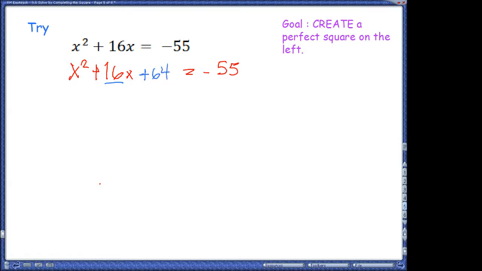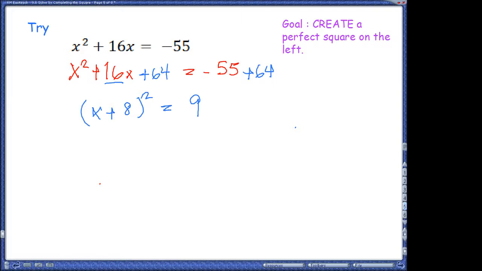So you add 64 to both sides to keep the equation balanced. On the left side, you have now created a perfect square of x plus 8. On the right side, minus 55 plus 64 is equal to positive 9.